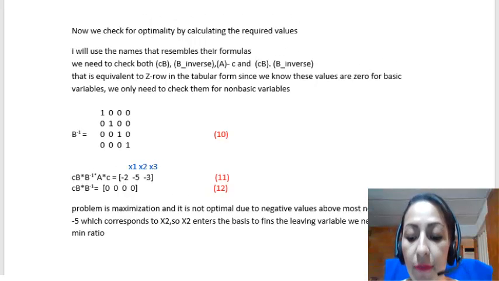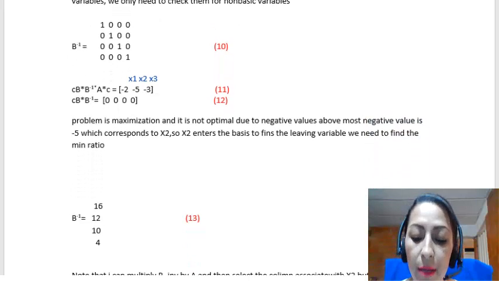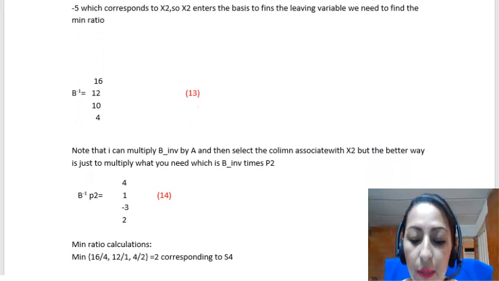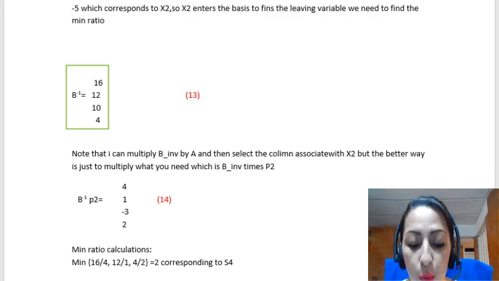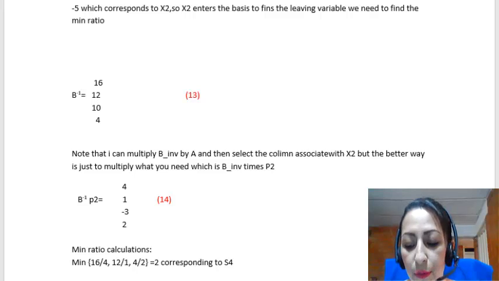To identify my leaving variable, I have to calculate the right-hand side values, that is B inverse times b. When I do the multiplication, I get these values. To identify the leaving variable, I have to find the minimum ratio, which is the ratio of these elements over the pivot column.